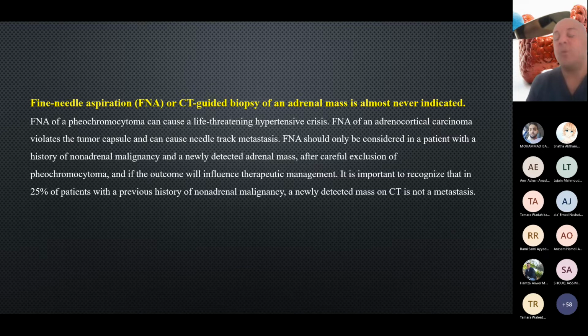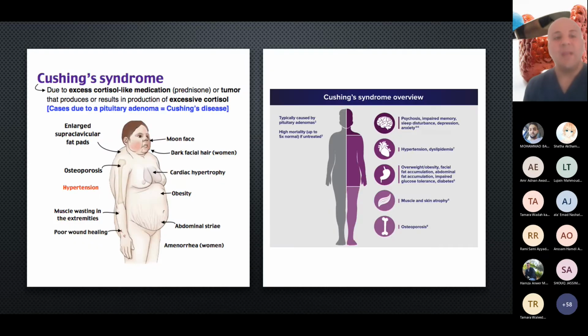So remember, we almost never puncture the adrenal gland. In this slide, I'm sure that you have taken this in your internal medicine. I just wanted to remind you of the key features of Cushing's syndrome since you are in the 4th year and you have to be familiar with the signs and symptoms of Cushing's, Conn's, and pheochromocytoma.